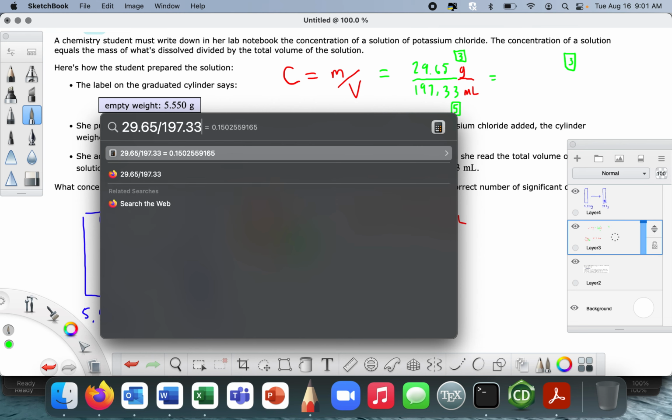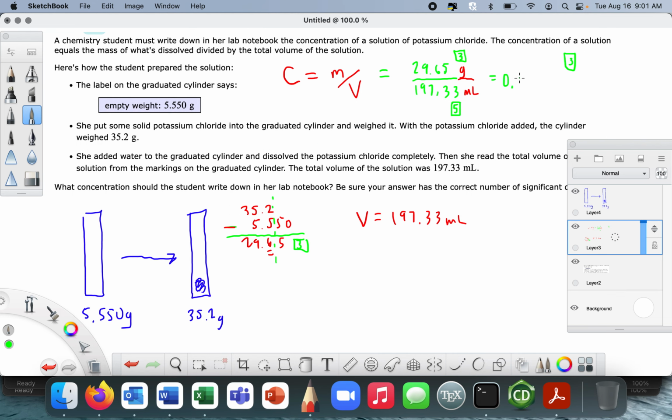And the answer is 0.150255, whatever, right? But I can only write it to 3 sig figs, so that's my number. There's my third sig fig. So I'm going to write this in as 0.151 grams per mil.